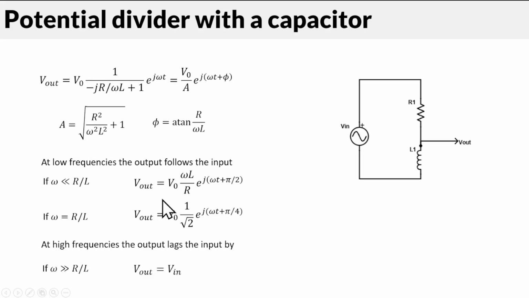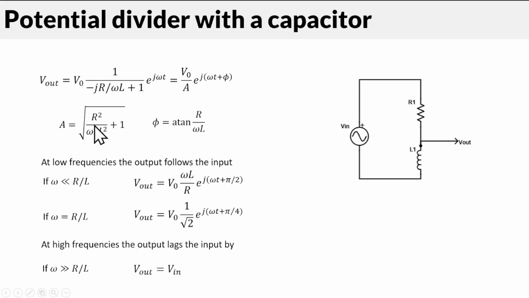We can ignore the 1 and we end up with something like this. Again, omega is very, very small, so this is very, very big, so the arctangent will be close to pi by 2. So for low frequencies, we're going to have strongly phase shifted output, and an amplitude that gets bigger and bigger as frequency gets bigger.